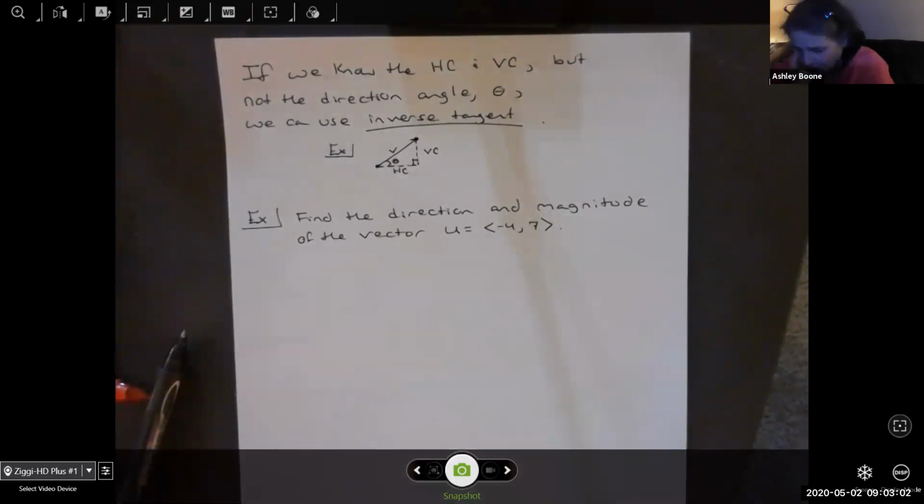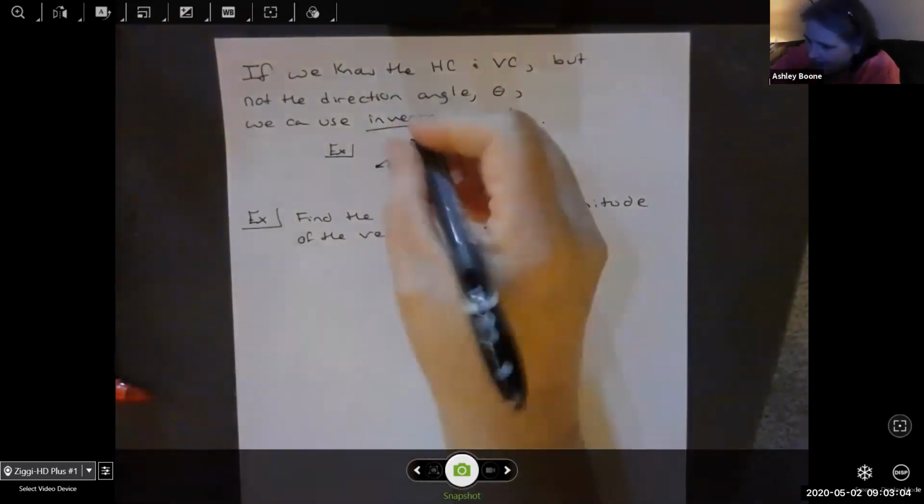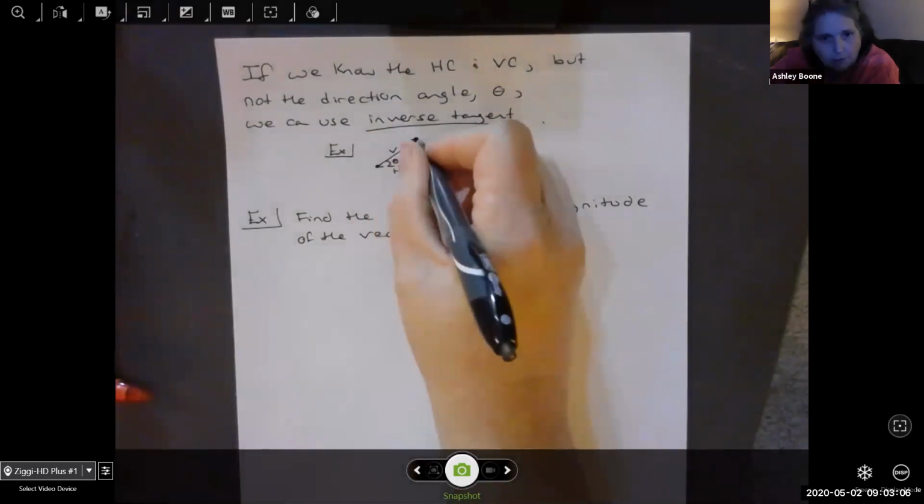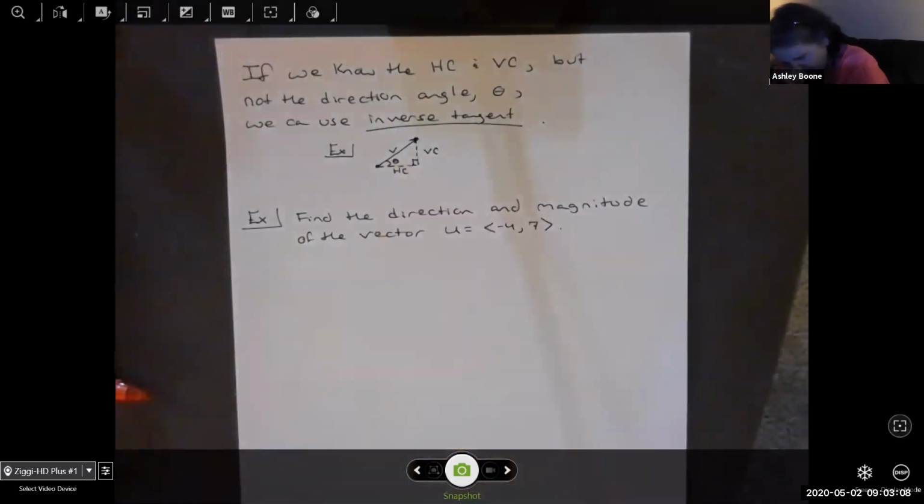Imagine for any vector v, I could sketch in the horizontal component and vertical component, and I'm looking for that angle theta. If I'm in quadrant 1, like I am here, think about how you can get theta.